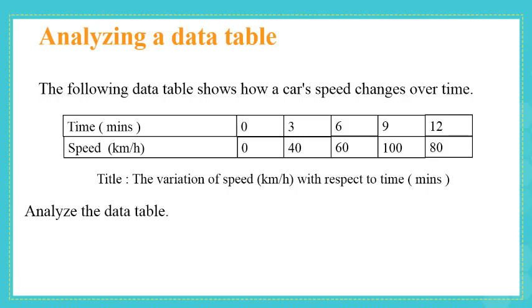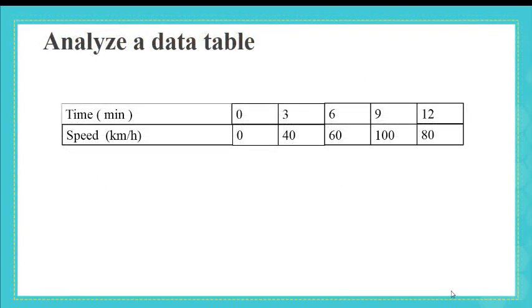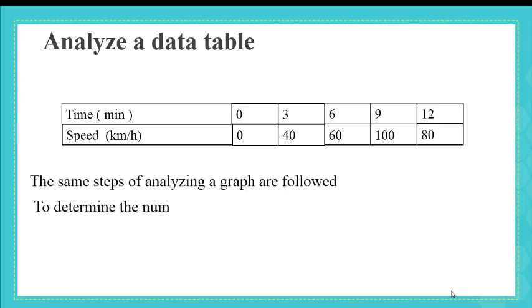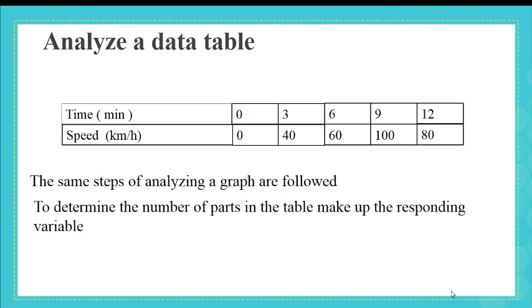How can we analyze this table? We should determine the number of parts included in it, and to do so, we should observe the value of the responding variable, which is speed, carefully. We have 0, 40, 60, 100, and 80. From 0 to 40, the value increases. From 40 to 60, the value also increases. From 60 to 100, the value increases.